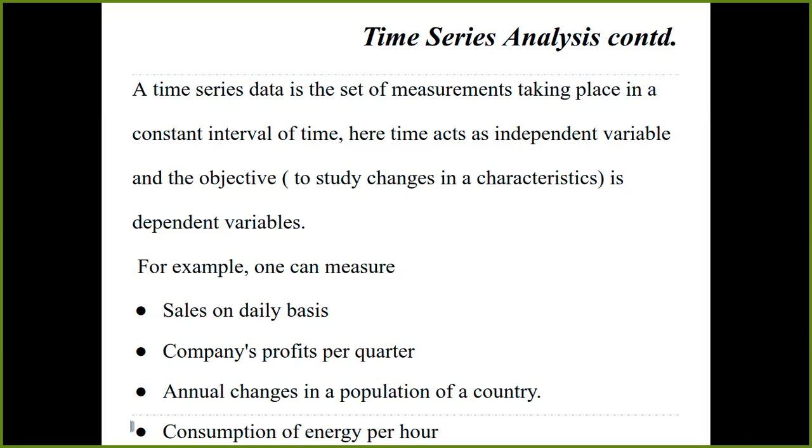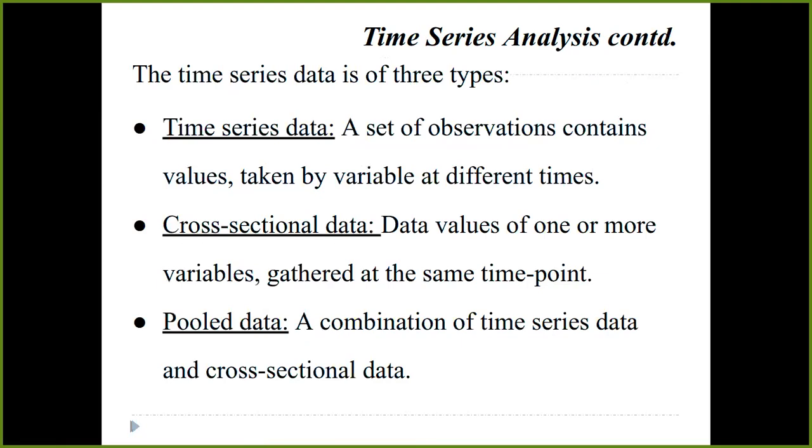Then consumption of energy per hour, etc. Whatever these sales, profits, population or energy consumption are, time doesn't matter to these attributes; time doesn't contribute to making my sales increase. Okay, but still we are observing with respect to the time. So here, when it comes to time data, that is time series data, this can be of 3 types.